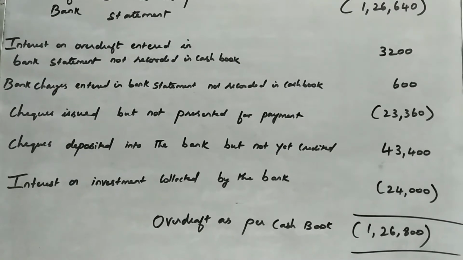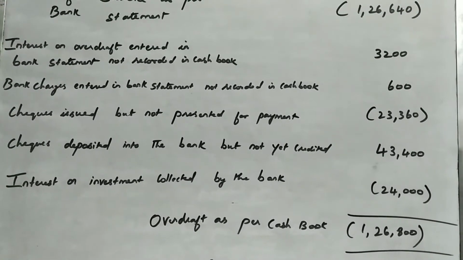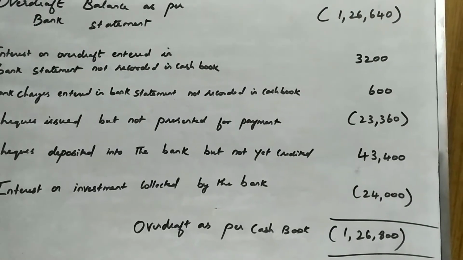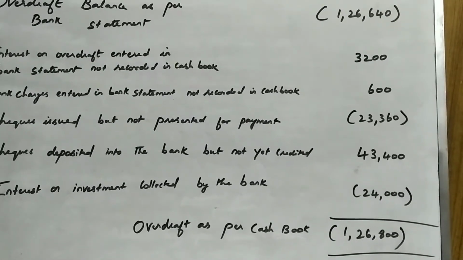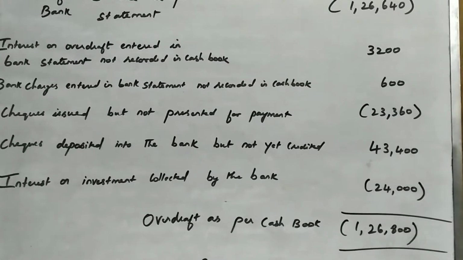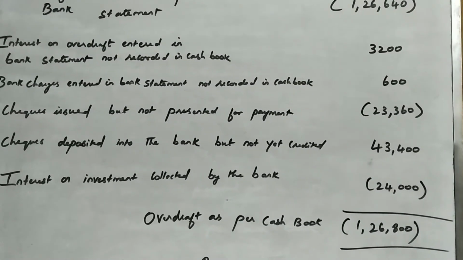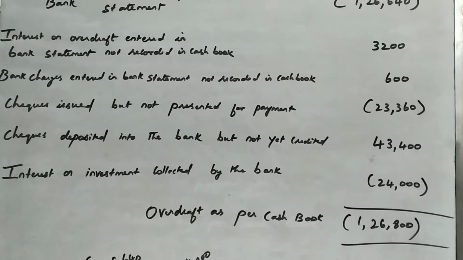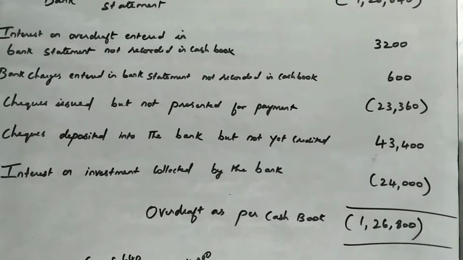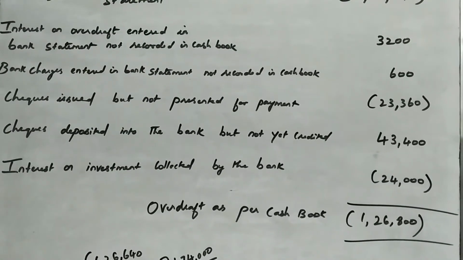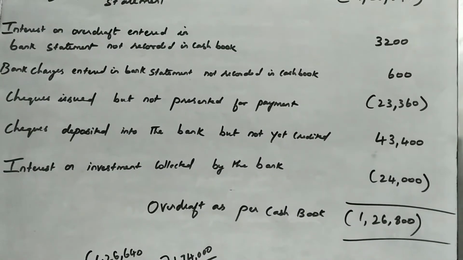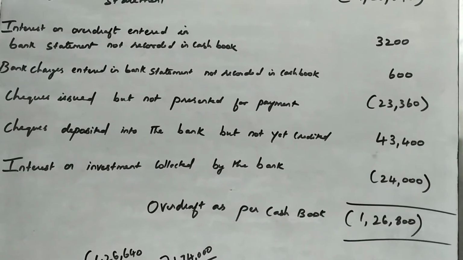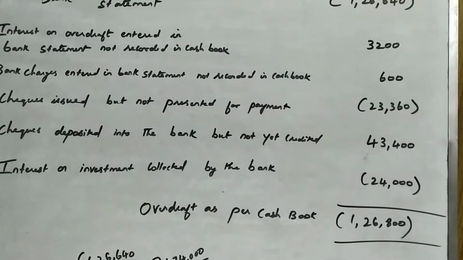Normally, we will add it up. 43,400 must be added. So we are just writing this without the bracket. Then interest on investment collected by the bank. So based on our instruction, the bank has collected the interest on investment, and it is automatically credited to our account. Bank balance is more, but our cash balance is less. What has to be done? We normally deduct. So I have put this within the bracket.